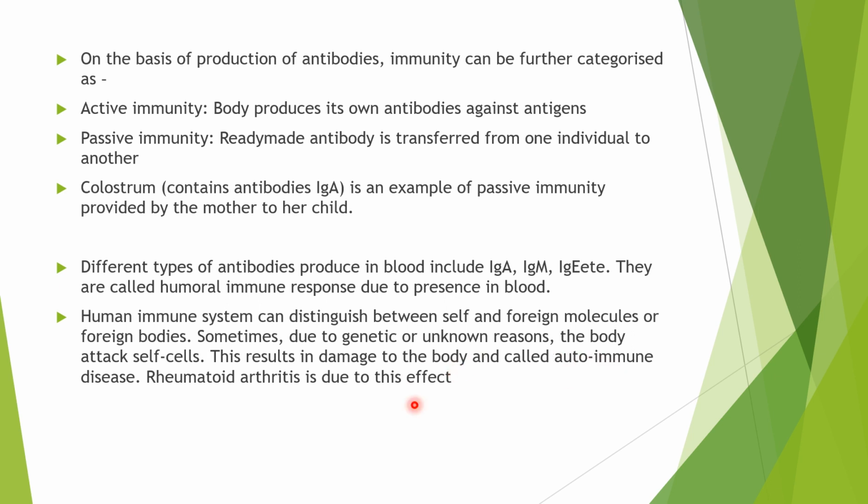That is called autoimmune disease. Sometimes autoimmunity occurs because of an unknown reason or due to genetic damage. The body has the ability to attack its own cells, and that self attack results in damage to the body, which is called autoimmune disease.